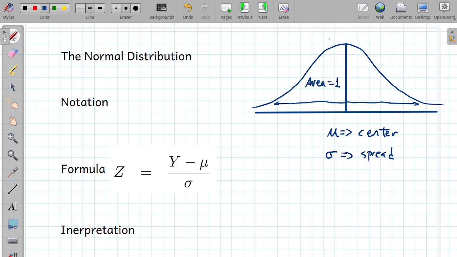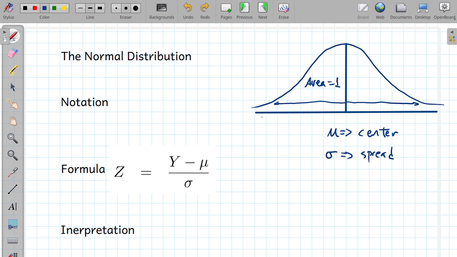We don't worry about knowing the height of this thing because, while there are ways to figure that out, we don't need to know it in this course. That's what we have tables for. If you were to graph the equation for this, it would be very, very small. Not much height to it at all. Because remember, the area is restricted to exactly 1.